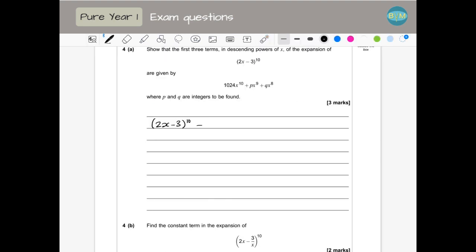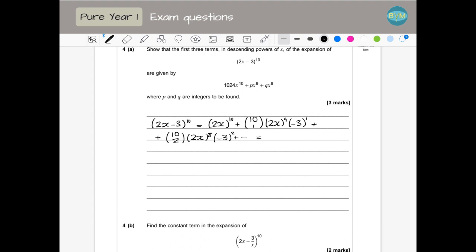So we do the first one to the power of 10, then plus 10 chooses 1, the first one again to the power of 1 less, and then the second one together with the sign to the power of 1, and we need the first three terms. So we have 1, 2, and one more, and then plus 10 chooses 2, 2x to the power of 1 less, so 8, and minus 3 to the power of 1 more.